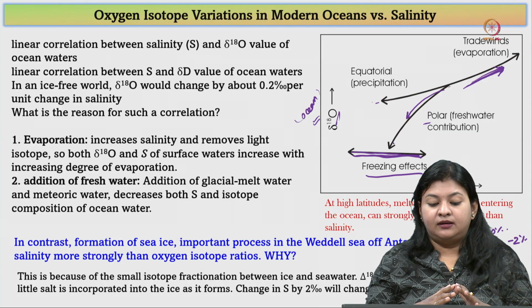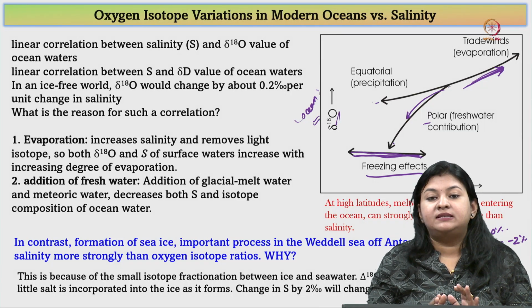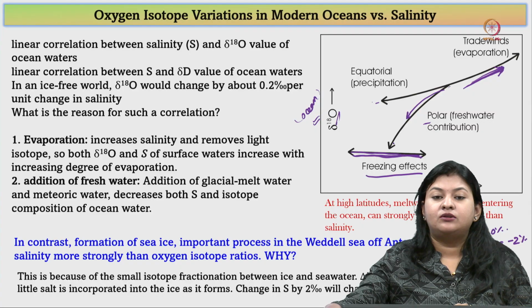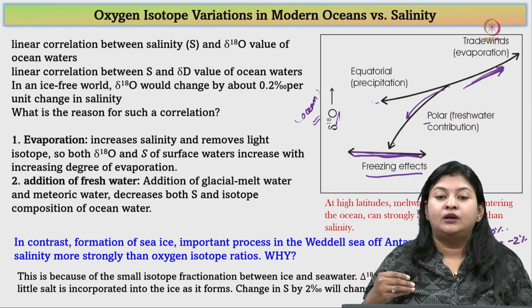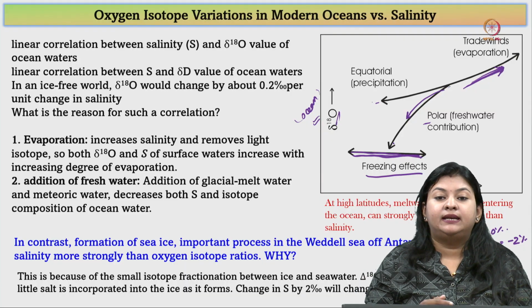So, when the Arctic is forming, it is the ocean mass itself that is getting frozen to form the ice. So, that kind of freezing, what will happen? The salinity will rapidly increase as compared to the delta 18O.